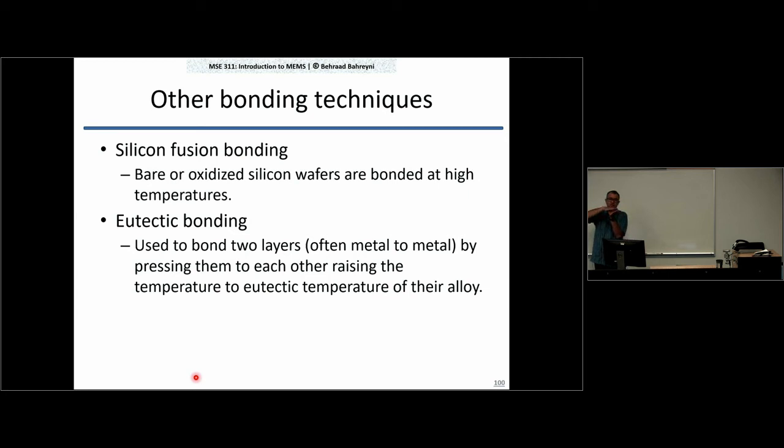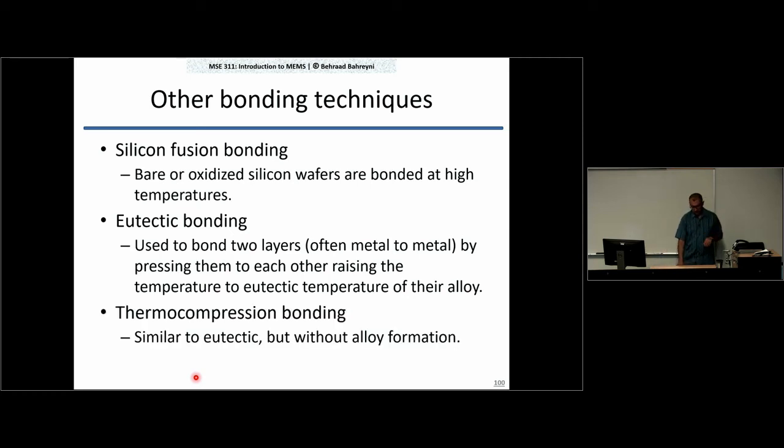And what you do is that you put gold on one wafer, tin on the other wafer, put these two on top of each other, press them to each other a little bit, raise the temperature. If you hit the eutectic temperature where you form the alloy, at the interface between the two metals, you will form the alloy, it melts, and you actually form a really good seal or bond between the two layers.